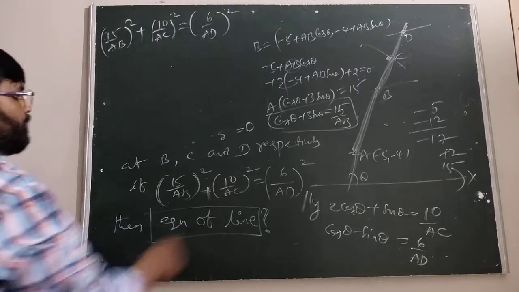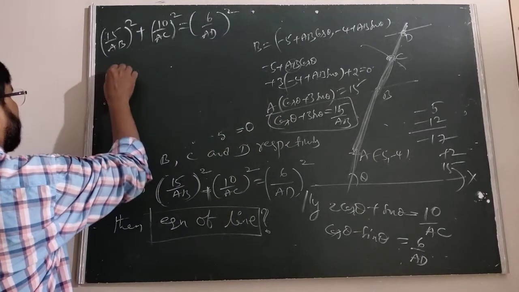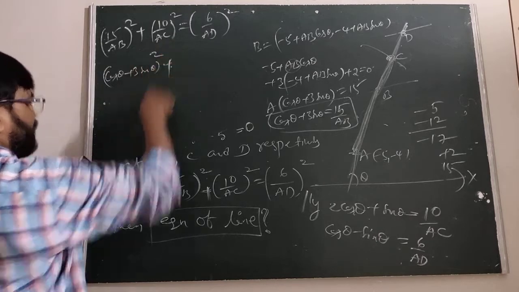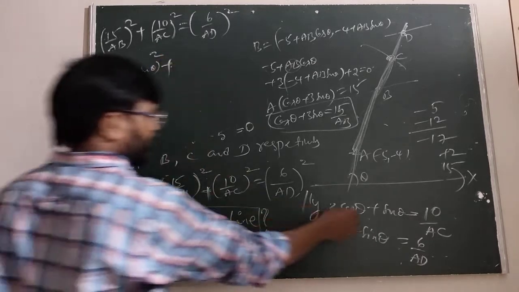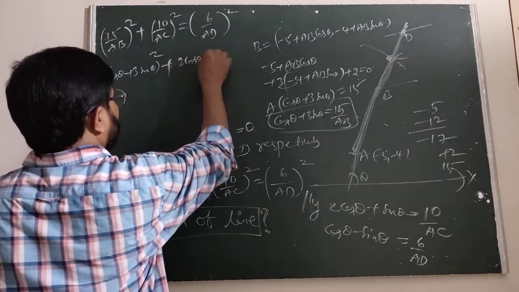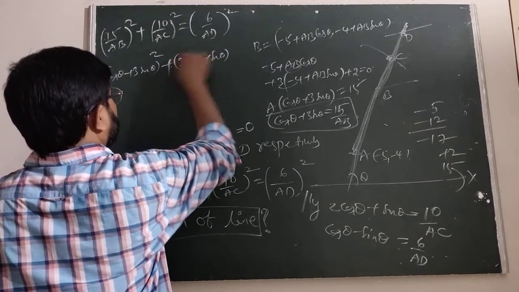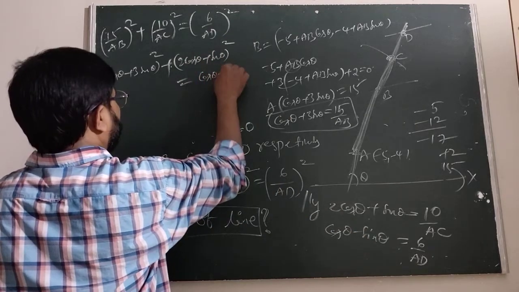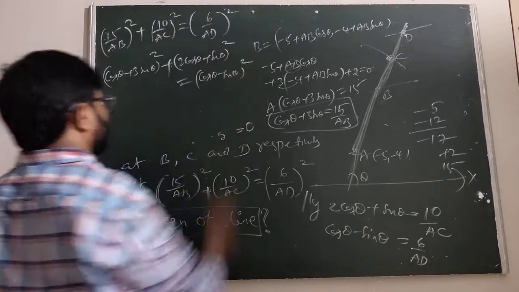Now 15 by AB whole square, we can write as cos theta plus 3 sin theta whole square. Now this is 2 cos theta. All of you listen. 2 cos theta plus sin theta whole square, and this is cos theta minus sin theta whole square.